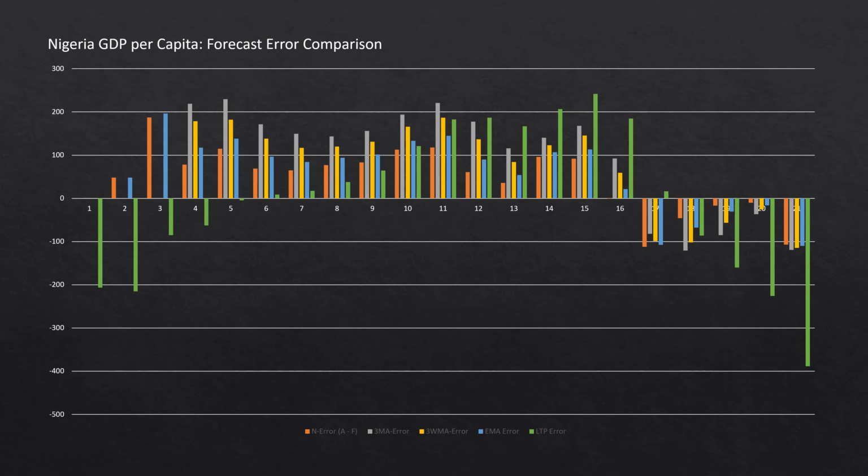Whereas in the other techniques, so the naive, 3-period simple, 3-period weighted, and exponential, we are iterating through the time series one by one, applying weights, doing some averaging, and essentially those techniques have no knowledge of the future values at all. Whereas the linear trend projection model looks at everything, everywhere, all at once. And yes, I did work that into this video. So it is quite a bit different in how it creates its forecasts.